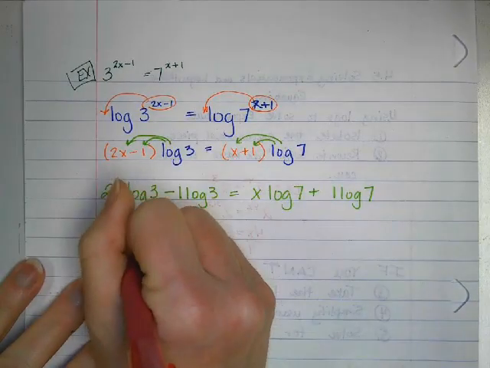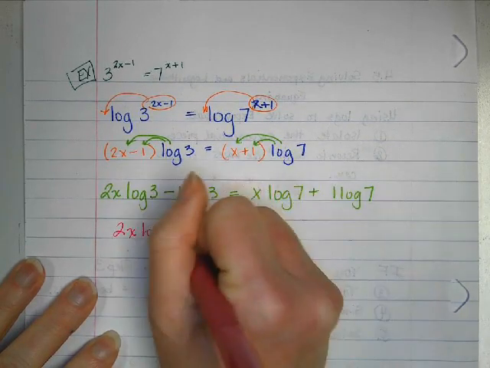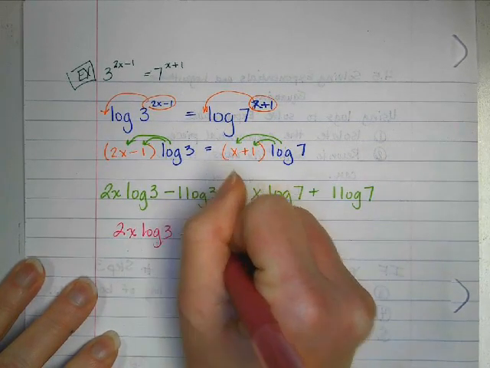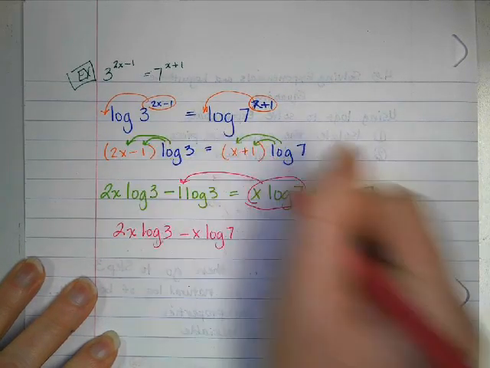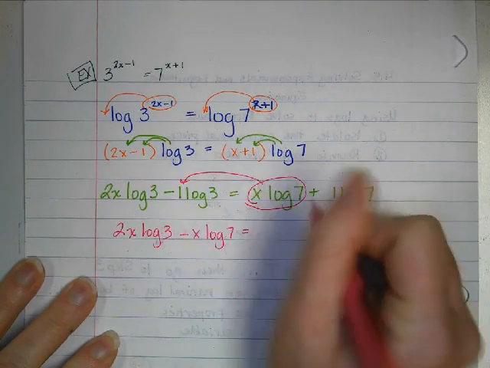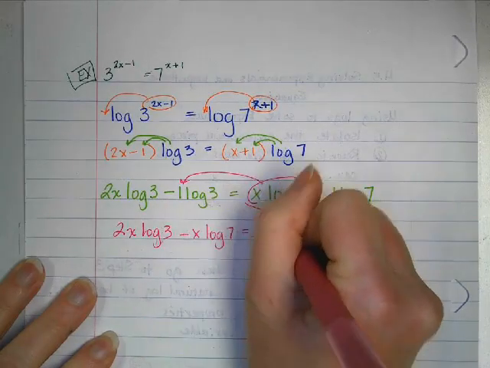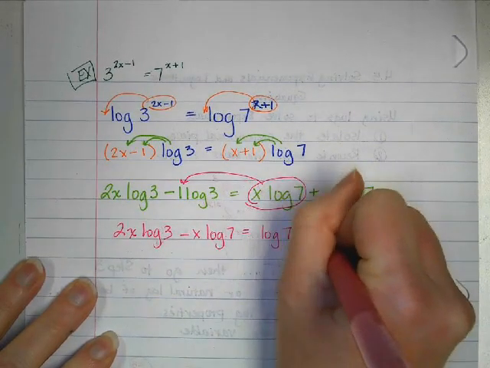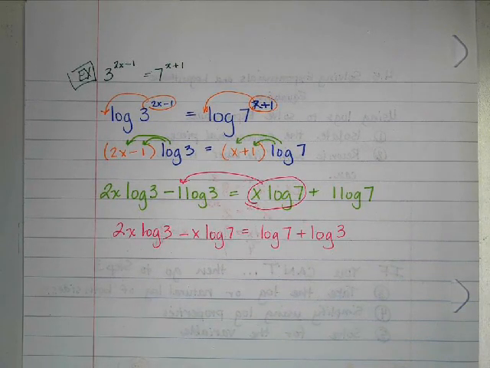So I have 2x log 3 minus x log 7, because I just moved this one over. It was positive on the right-hand side, so it's going to be negative on the left. And I'm going to move everything that's not an x to the other side. So I have log 7 plus log 3. Is everybody okay with moving things around? Everybody understand what I'm doing?